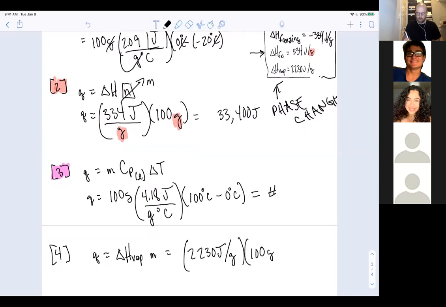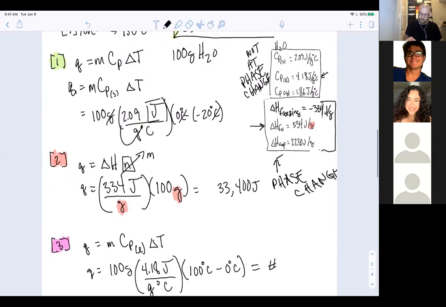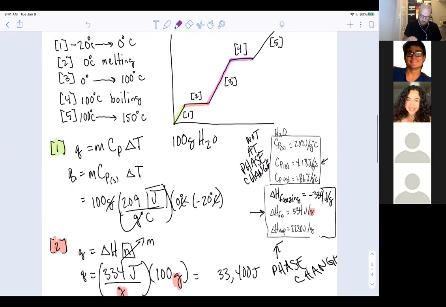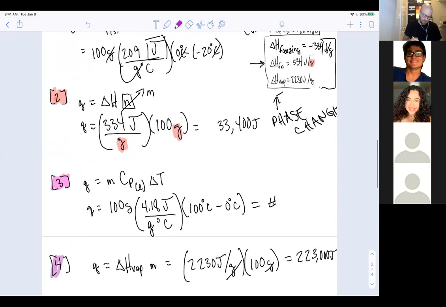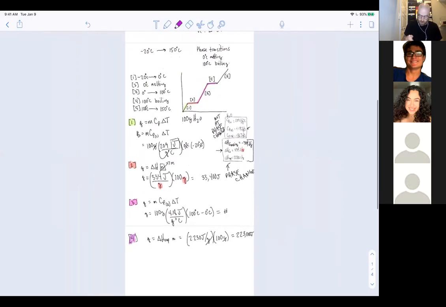And we're multiplying that times 100 grams, and the grams cancels out, and so you end up with this. Reasonably large number, 223,000 joules, or 223 kilojoules. And that is the energy associated with process 4.